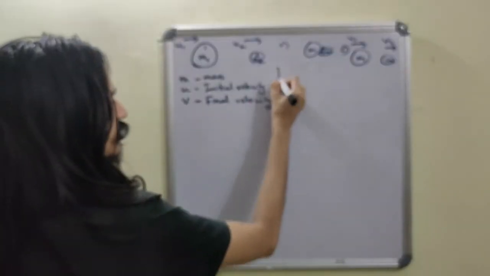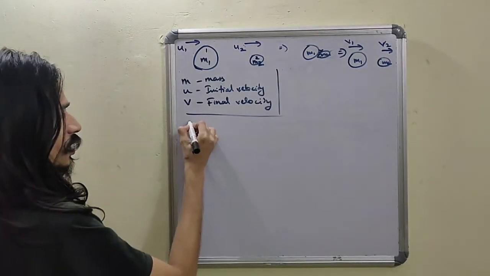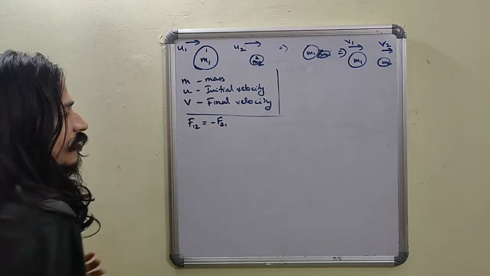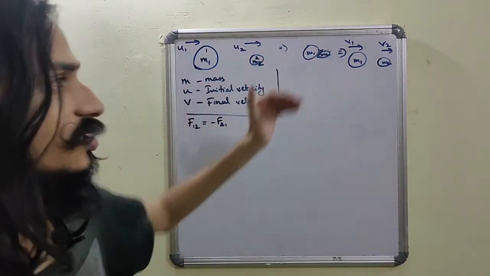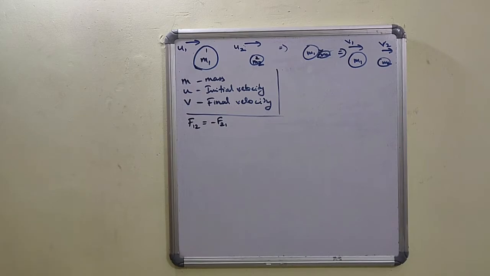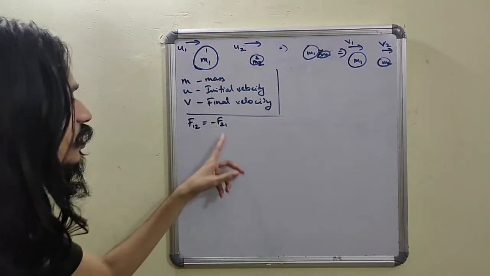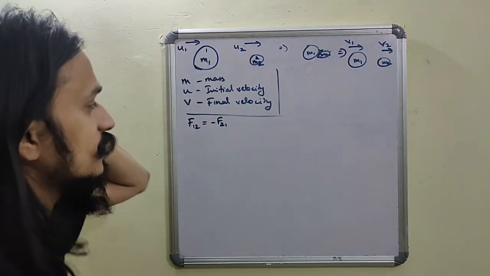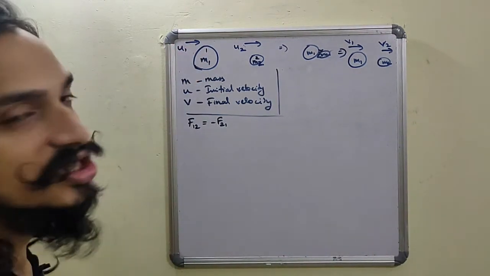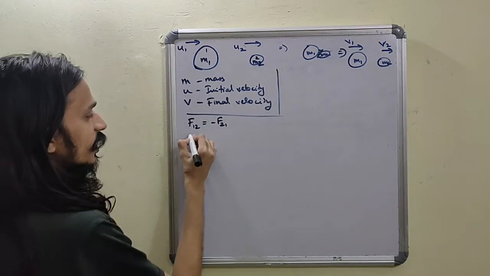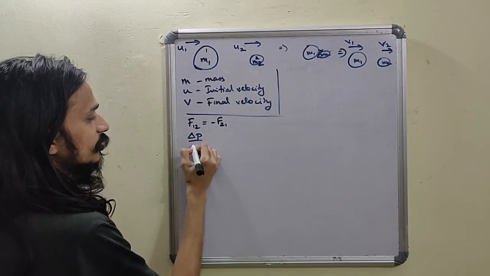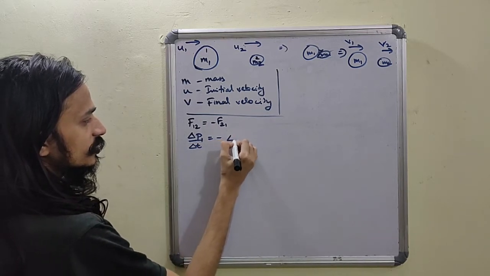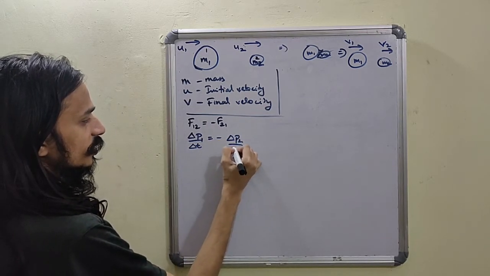Now we know that the third law says the force by the first object on the second one is the same as the force of the second object on the first one, but in the negative direction. If I apply this law here, we know that force is nothing but change in momentum over time, so I can write delta P1 by delta t equals minus delta P2 by delta t.